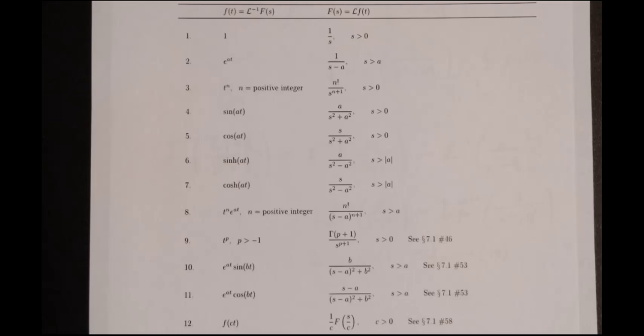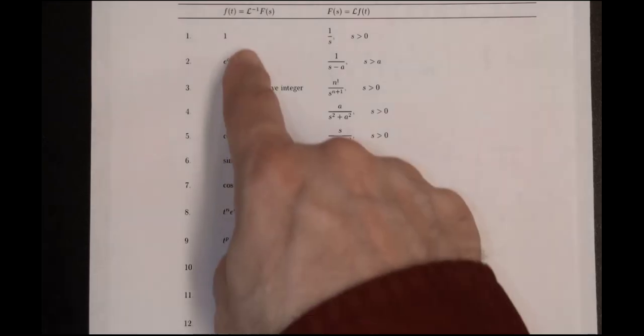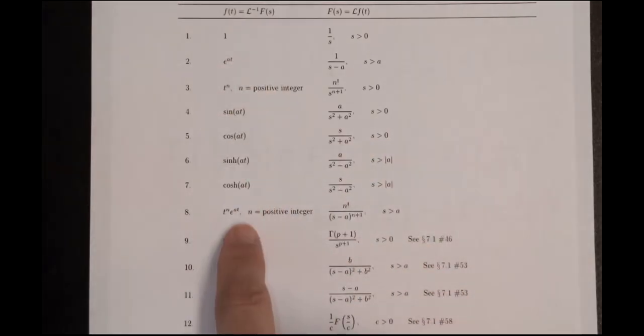Hey, wait a second. Look at all of these things we've got over here. Where have I seen these functions of t that I see in that center column? Those are things like my non-homogeneous terms, aren't they?